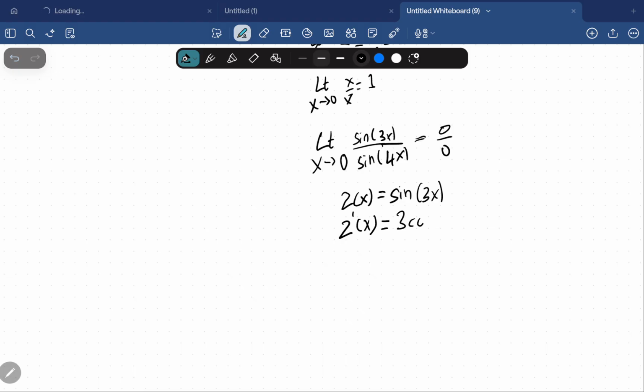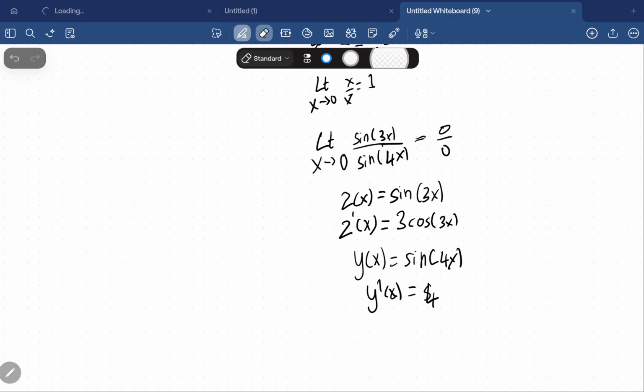According to the chain rule, this is 3 cos 3x. And y of x is equal to sine 4x. Using the same chain rule, we can deduce that this is equal to 4 cos 4x.